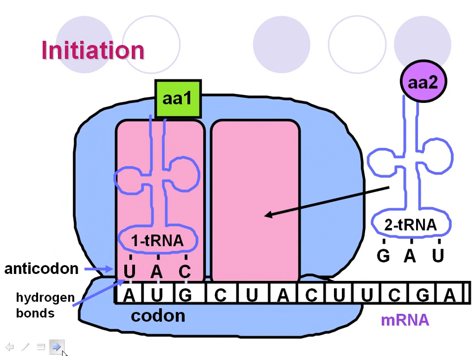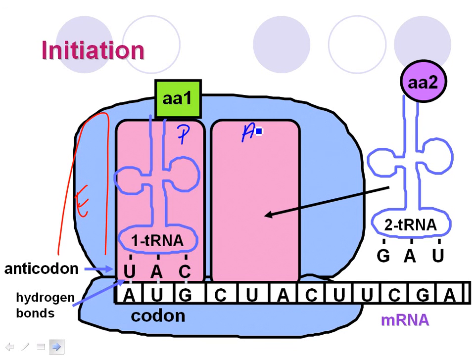So then you see that the transfer RNA number 2 is coming in to bind where? In the A site. So if I can grab a pen and just label these real quickly. Okay, so we said that this is the P site, and then this is the A site. So the second transfer RNA is coming in.